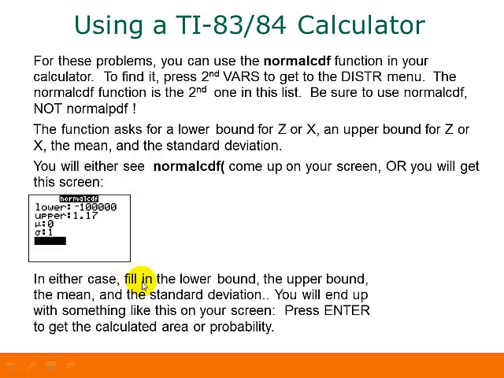In either case, fill in the lower bound, the upper bound, the mean, and the standard deviation. Once you do that, you should end up with something like this on your screen. So here we have lower bound, upper bound, mean, and standard deviation. Press enter, and that will give you the calculated area or probability.